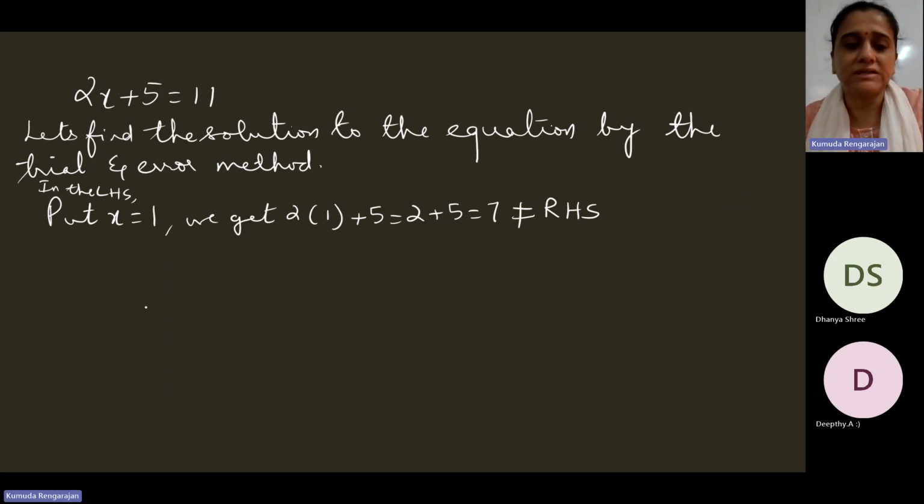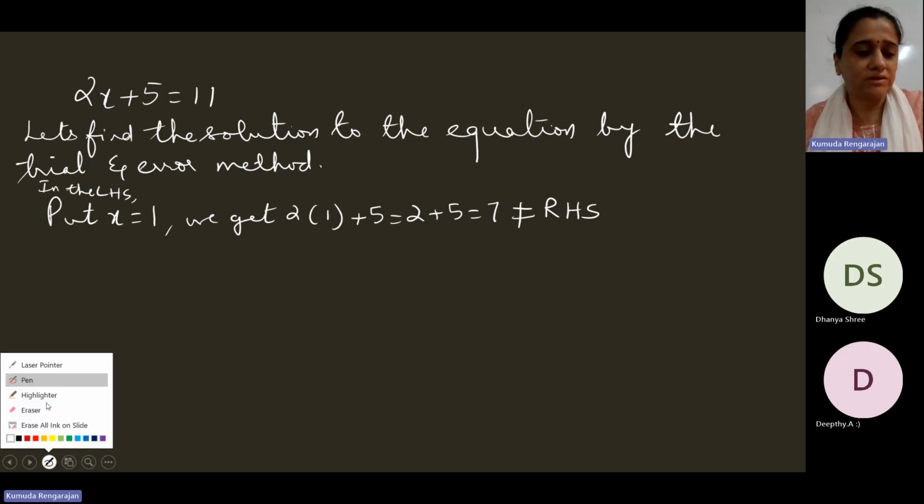So in the LHS, let's put x as 1. Where is the variable? On the left-hand side. Okay, so you can also present it like this.